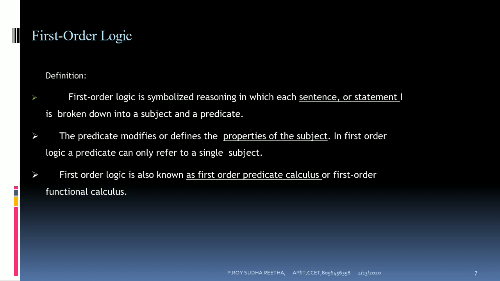The predicate defines the properties of the subject, and the subject's properties are explained in detail with the help of the predicates. Another name for first order logic is first order predicate calculus or first order functional calculus.